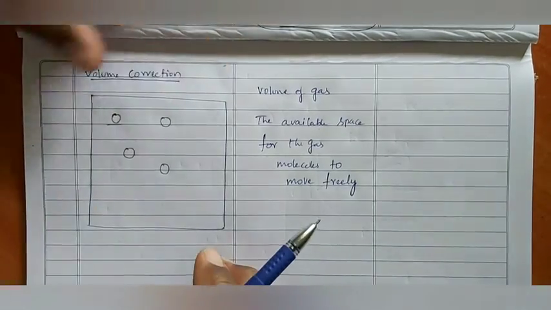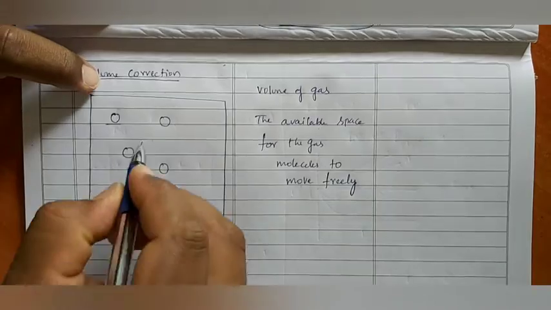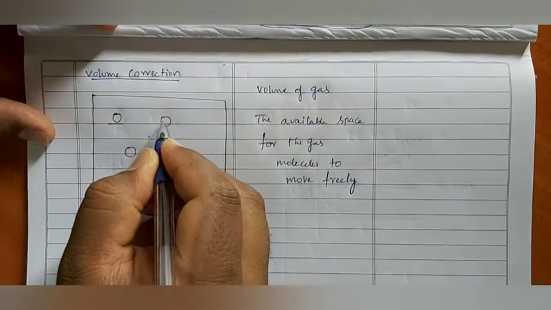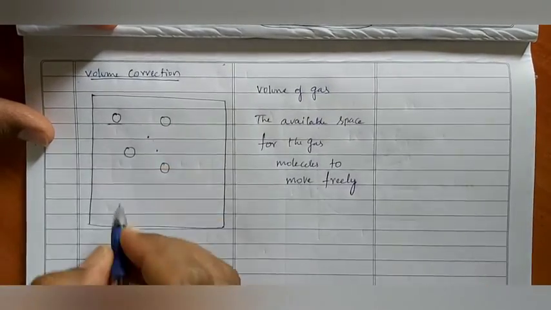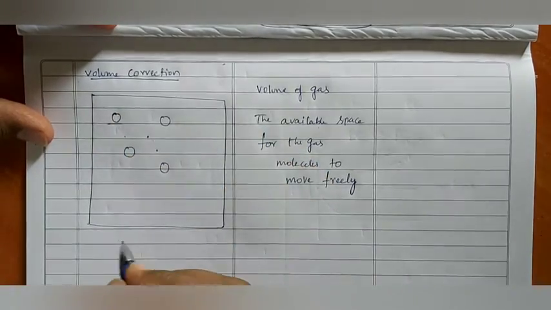When the volume of the gas molecule is neglected, it is like one very small point. This point can move throughout the volume of the container freely.